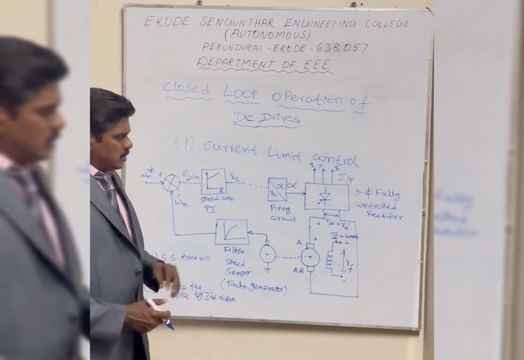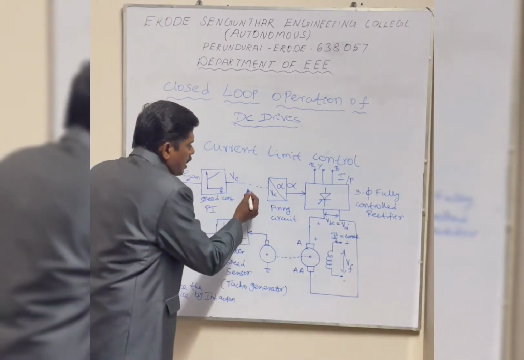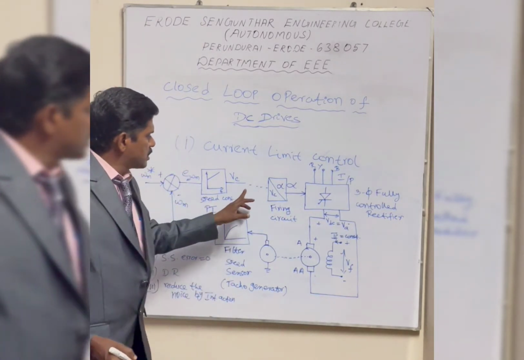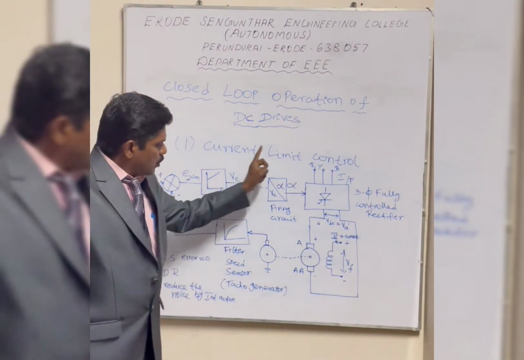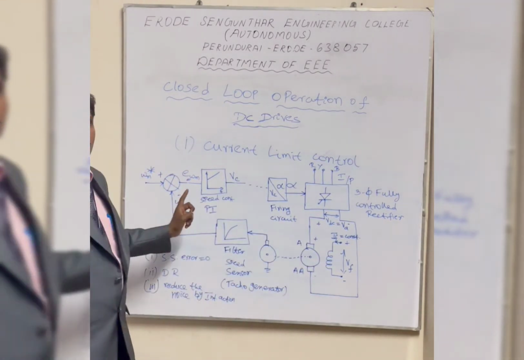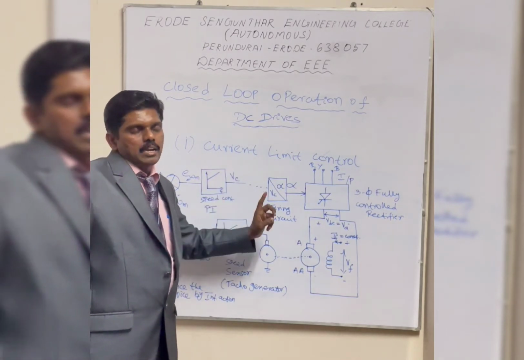So this is your normal operation of the closed loop. Here I have a dotted line. Why is it present? If you are controlling in this manner, we need to consider the current also.